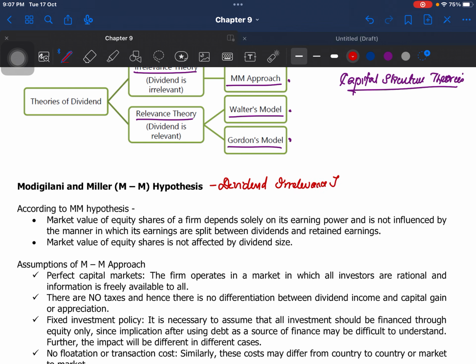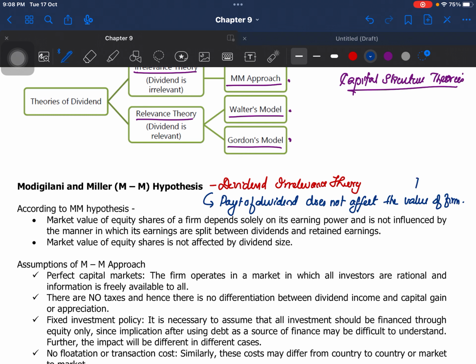As the name suggests, this theory concludes that the payment or non-payment, or the proportion of dividend paid, does not affect the value of the firm. So the value of the firm remains constant.